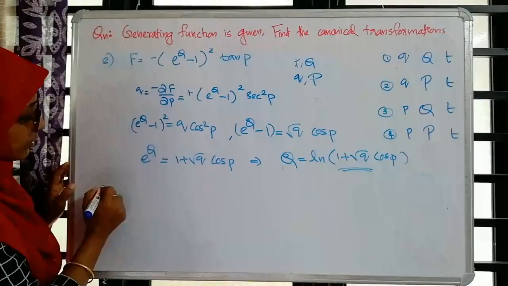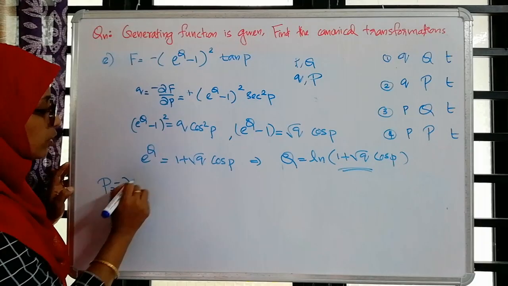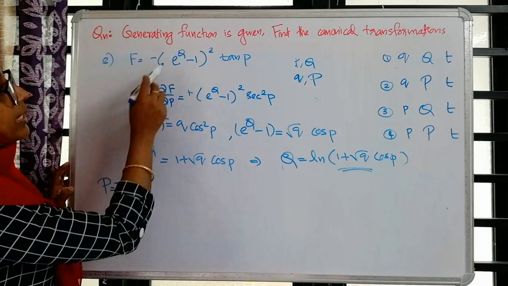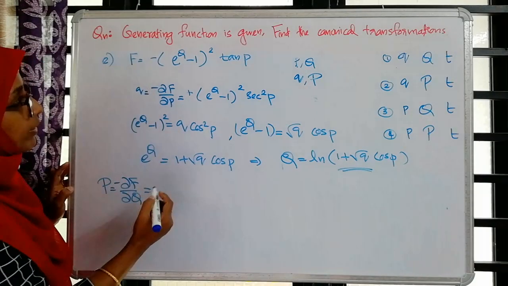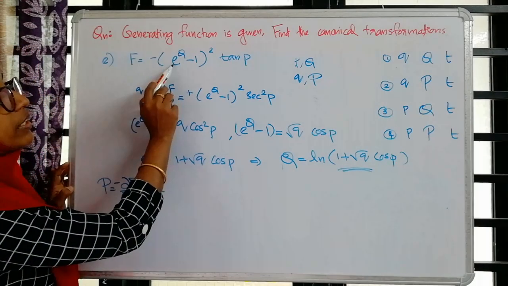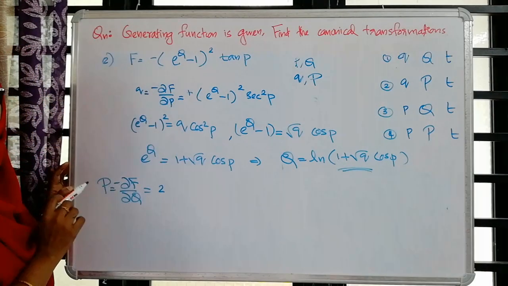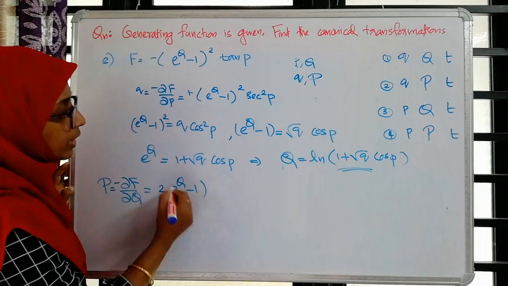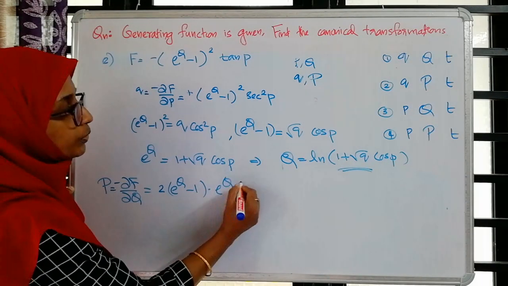And to find out the next one, capital P is equal to minus dou f by dou q. That's equal to, minus of minus got cancelled, and the remaining 2 into, q is the function inside this square term. That is 2 into (e^q minus 1) into e^q tan p.